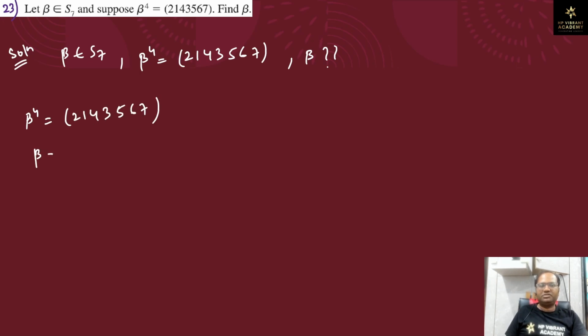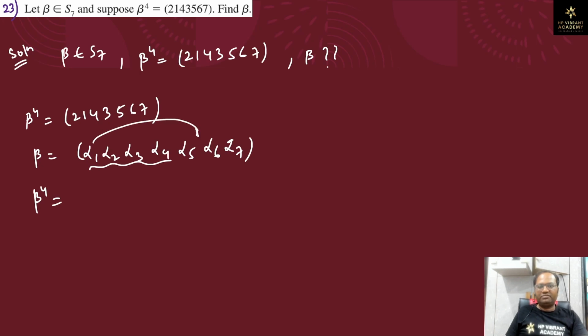So let beta be equal to alpha 1, alpha 2, alpha 3, alpha 4, alpha 5, alpha 6, alpha 7. So what will beta to the power 4 become? See, here, leaving 4 letters, alpha 1 will be shifted to 5, alpha 2 will be shifted to alpha 6, alpha 3 will be shifted to alpha 7.